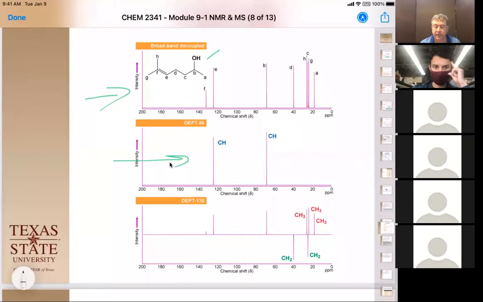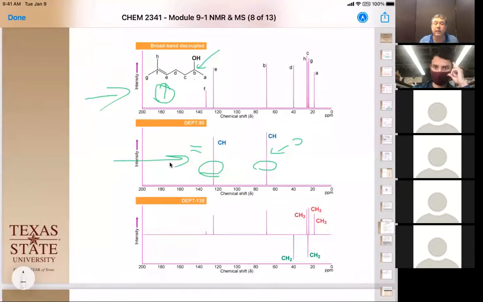That tells us that we have this peak here and that one there. We can identify them, number one, by shift, because E is going to be here and B is going to be here, because this is on an oxygen and this is on an ethylene group here. But those are the only two with a single hydrogen on them, so we can easily identify those.